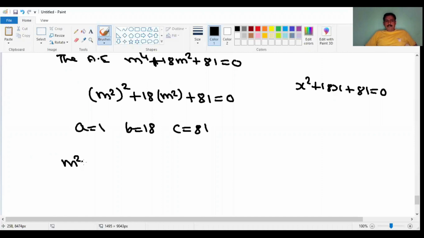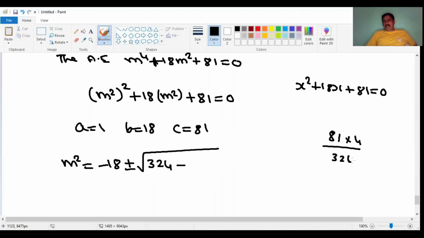Instead of x we will have m square here. m square equals minus 18 plus or minus square root of 18 square, which is 324, minus 81 into 4, which is also 324, divided by 2a, where a is 1, so it is 2. Minus 18 plus or minus 0 by 2.